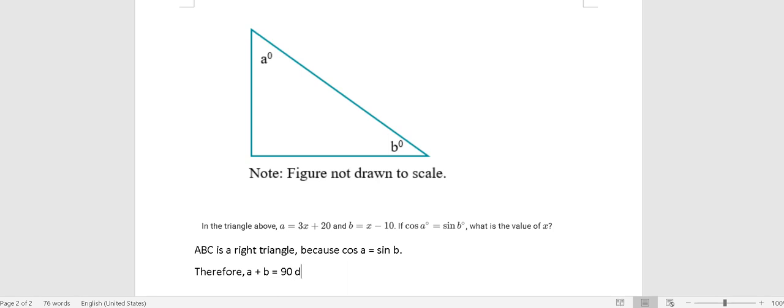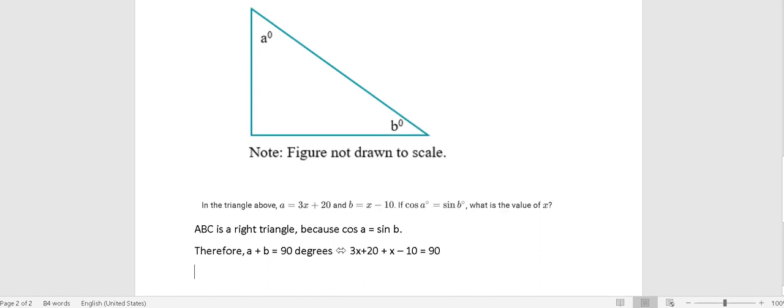Okay, 90 degrees, and this equates to 3x plus 20 plus x minus 10 equals 90. So that's 4x plus 10 equals 90, and that makes 4x equal 80, and then x equals 20, so x is 20 degrees.